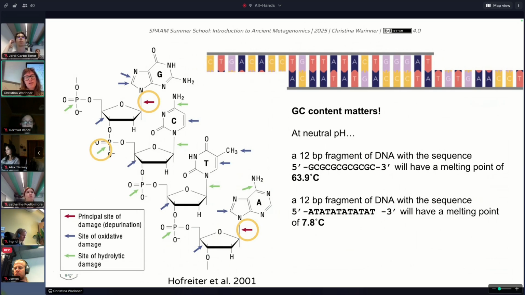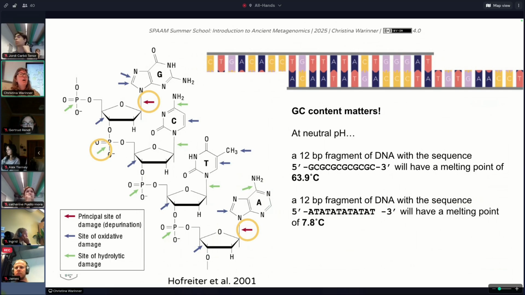Take, for example, at neutral pH, a 12 base pair fragment of DNA with this sequence here, which is just G's and C's. It will have a melting point of 64 degrees Celsius. This is unlikely to melt under ordinary conditions. So if you have 12 bases of a GC-rich fragment like this in the ground, it's going to stay together even though it's broken.